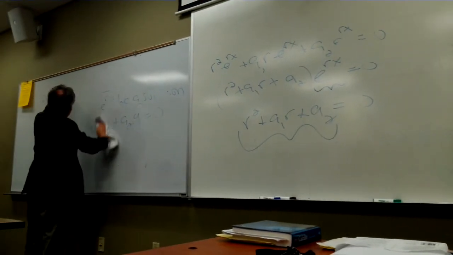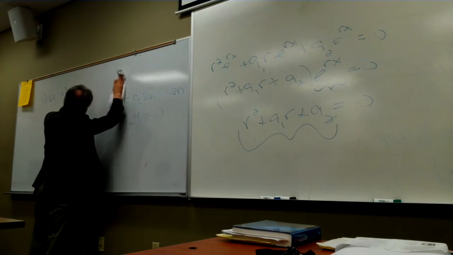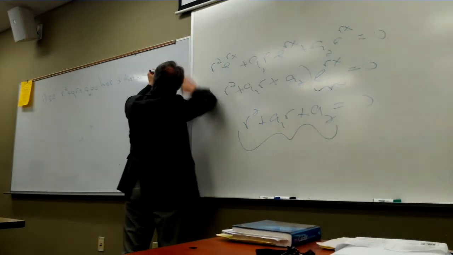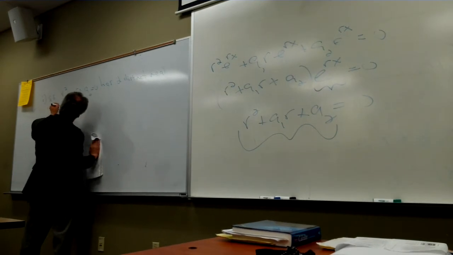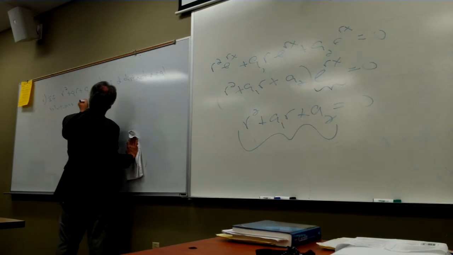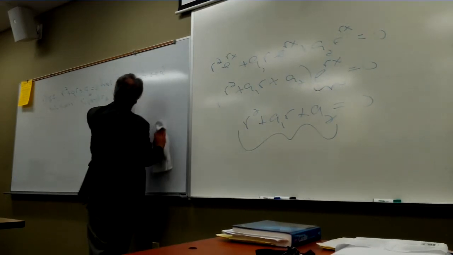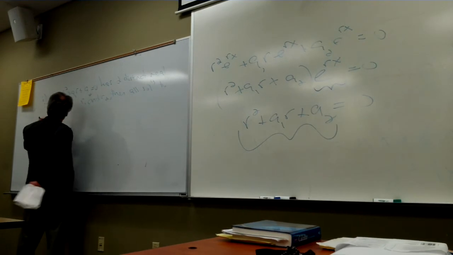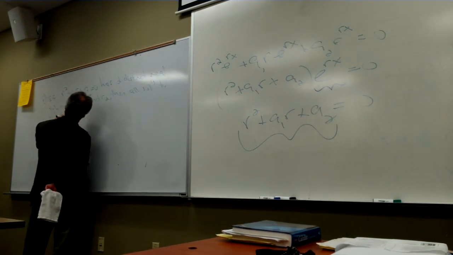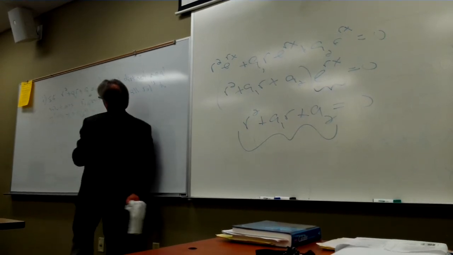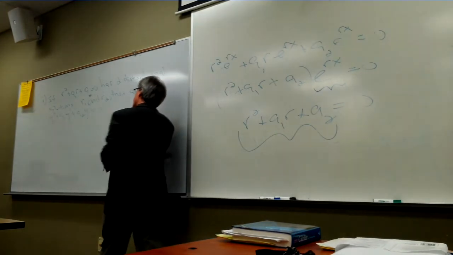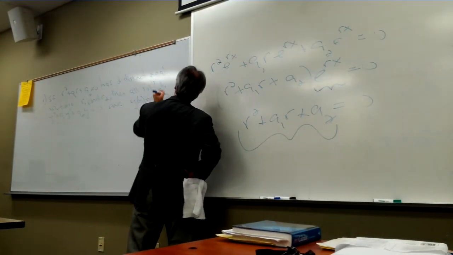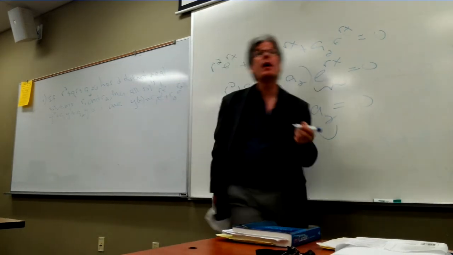If this equation right here has two distinct real solutions, R1 and R2, then all solutions to that second order differential equation are going to be the following, namely, a linear combination of e to the r1x and e to the r2x. Piece of cake scenario.